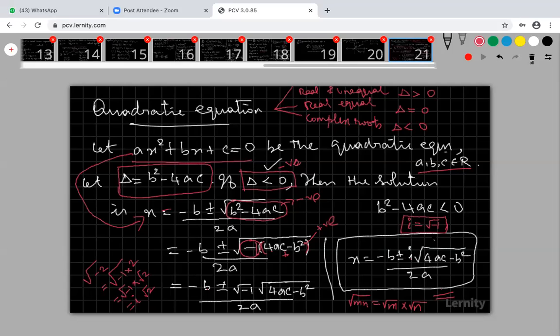That is a symbol, not a value. Wherever you are writing root of minus 1, simply write it as i. That is very useful for us. Are you clear? Any other doubt?